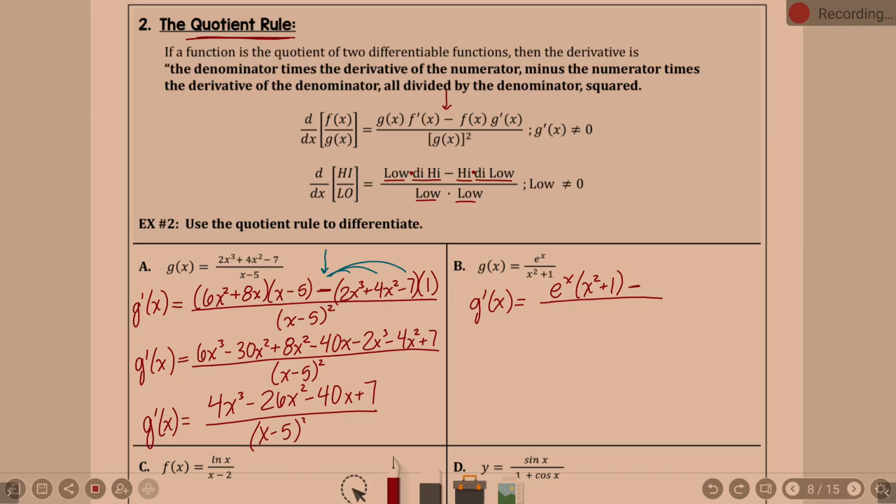Minus, keep the top, I guess is what I usually say, isn't it? And then derivative of the denominator, 2x, over x squared plus 1 quantity squared.